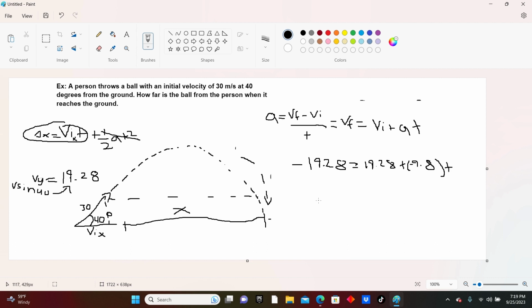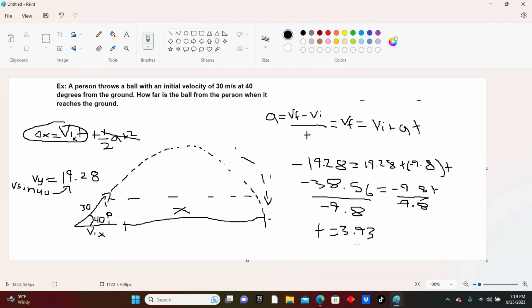Then negative 19.28 minus 19.28 is negative 38.56, which equals negative 9.8 t. If we divide by negative 9.8 on both sides, we get that t is equal to 3.93, like we got in our previous answer.